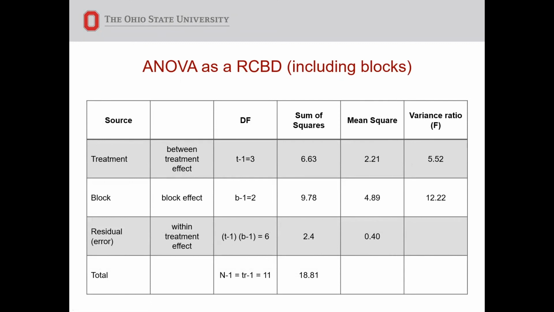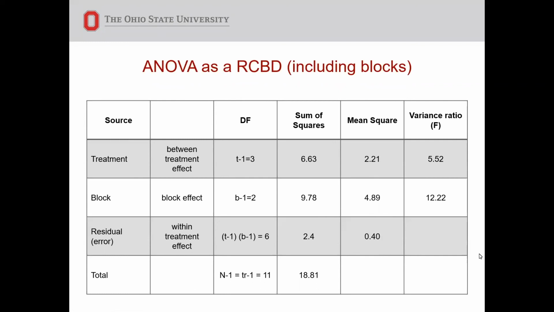The value in doing this becomes obvious when we look at the variance ratio test, when we compare the treatment mean square to the residual mean square. Now we have a variance ratio of 5.52, and previously when we did not include blocks, our conclusion would be no significant difference.